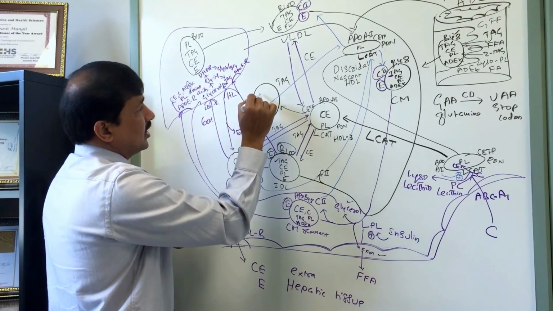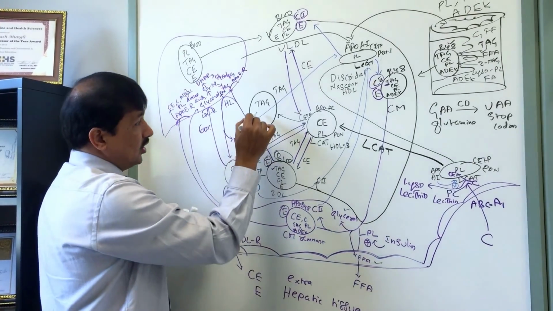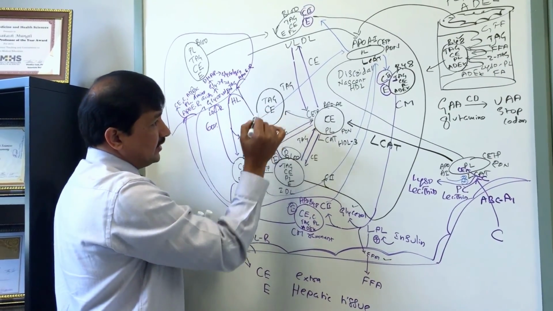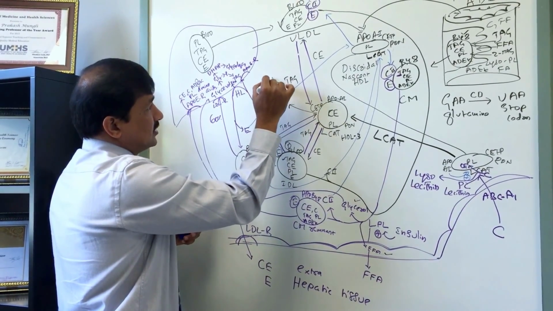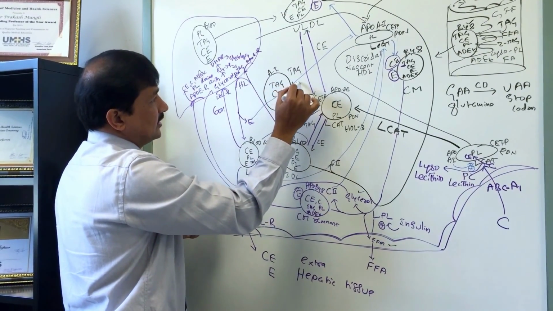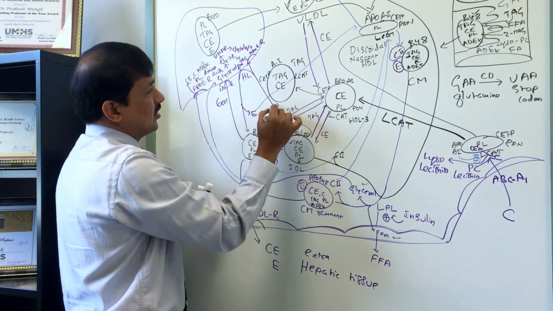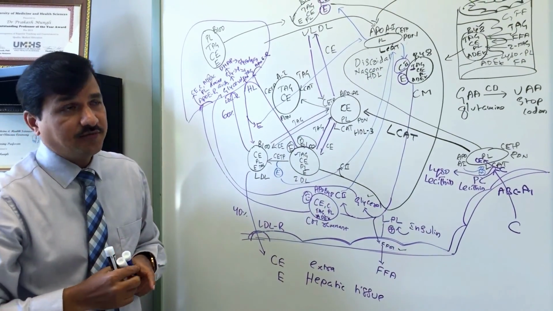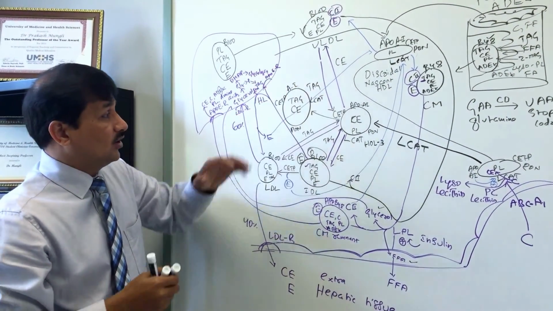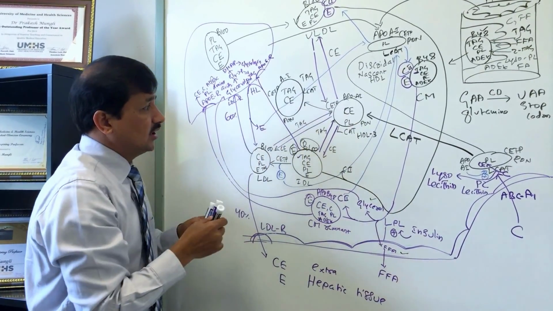Because of this, triacylglycerol content increases and cholesterol ester content is still present there. Also, of course, it has ApoA1 on the surface, LCAT, CETP, peroxidase, all the other enzymes and apolipoproteins except ApoB100 and B48. But the only thing is HDL3 is now converted to an HDL2 molecule.